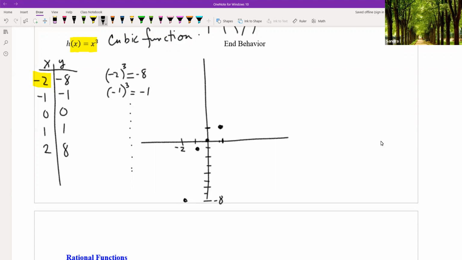Let me go ahead and make it a little bit better right here for my graph. It's like about here. 2 and 8. Okay, now let's go ahead and connect the points here.